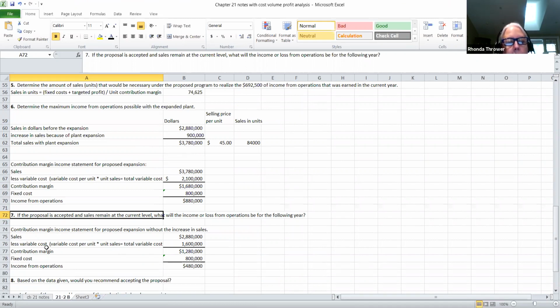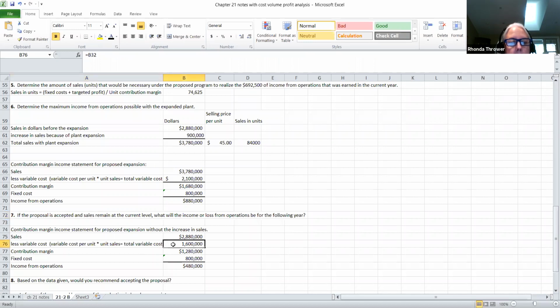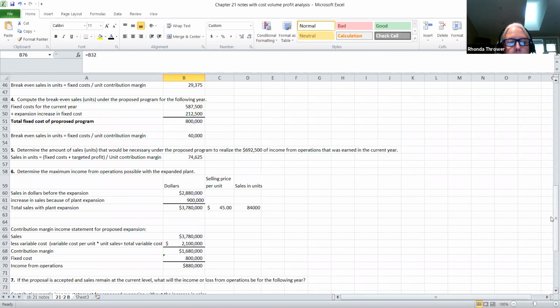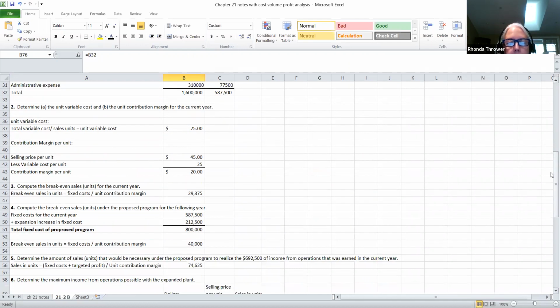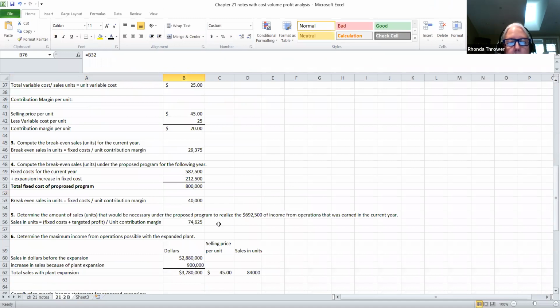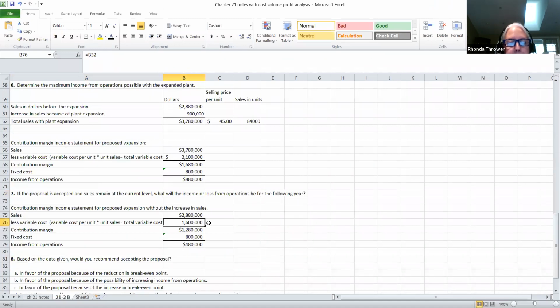The variable cost for the proposed expansion would be the same as what we calculated before. The variable cost would be $1,600,000. That's what it would be before the expansion.